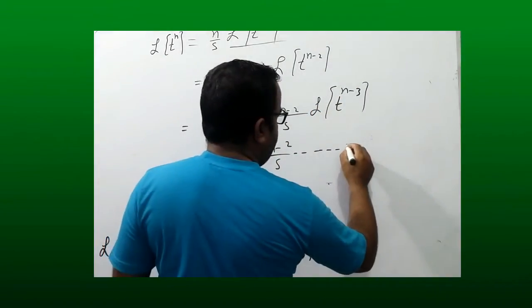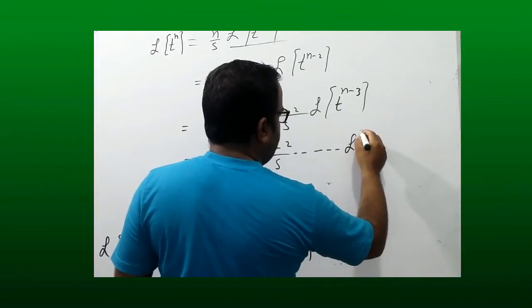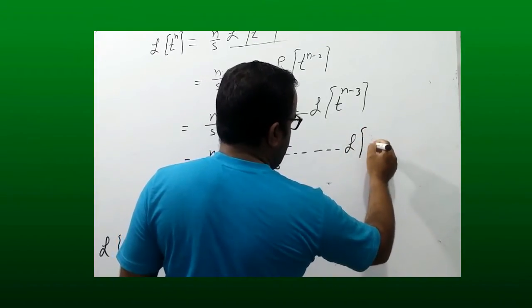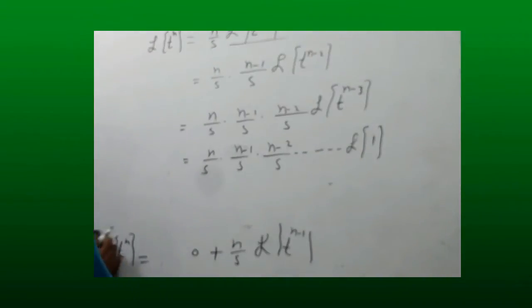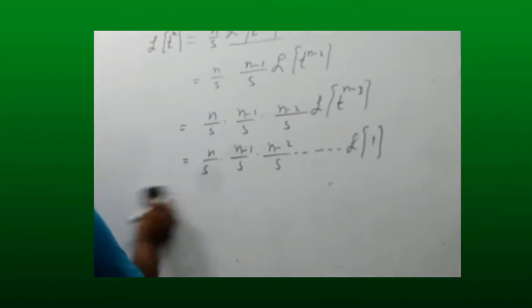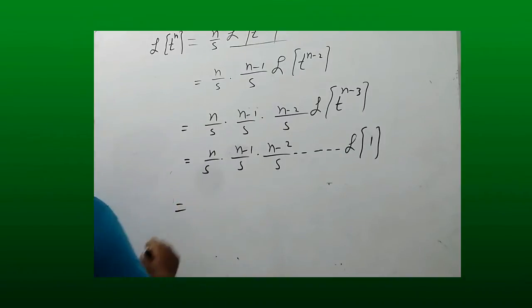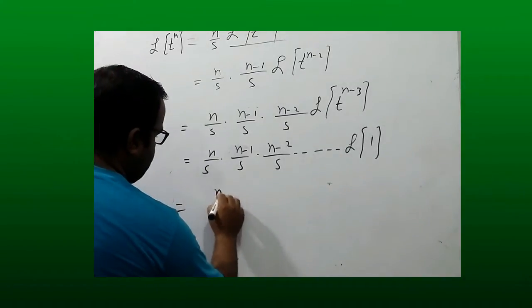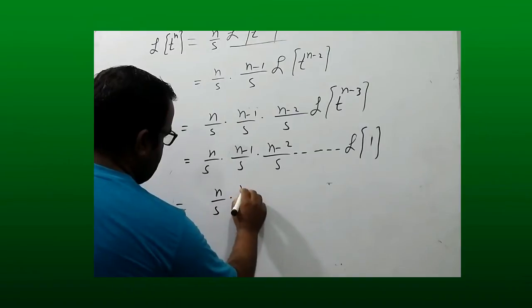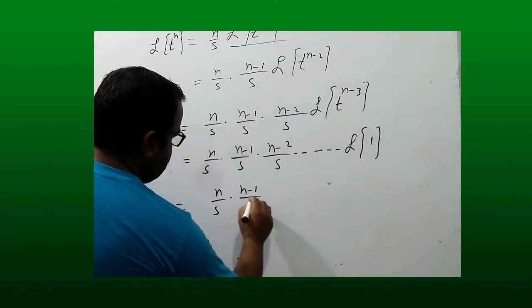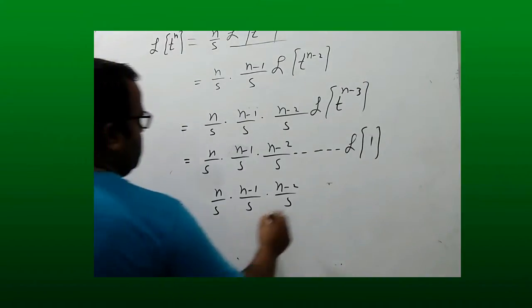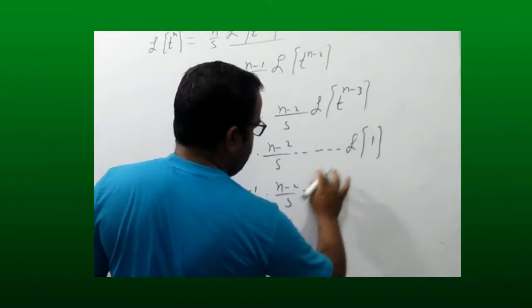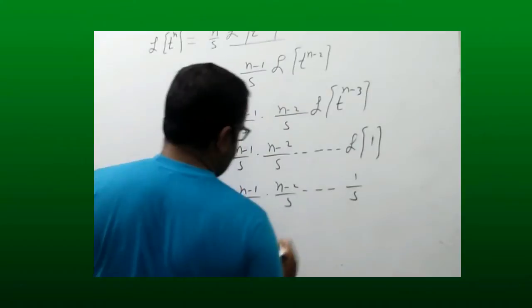So finally we will get the Laplace of 1, which is 1 over s. So this is n by s, n minus 1 by s, n minus 2 by s, and so on, up to 1 over s.